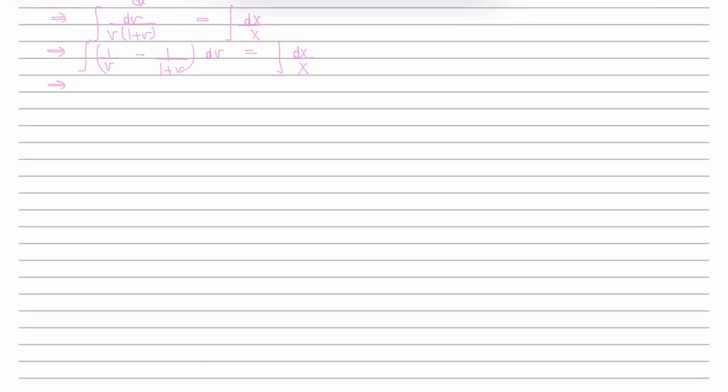This becomes log of v minus log of 1 plus v is equal to log of x plus log of c. Using the log properties, we can write it as log of v upon 1 plus v is equal to log of x into c. This becomes v upon 1 plus v is equal to x into c.